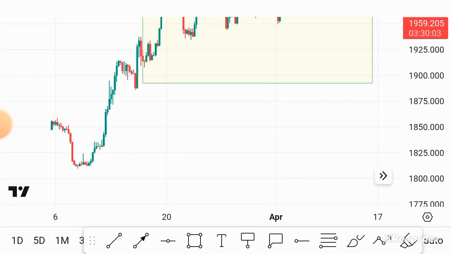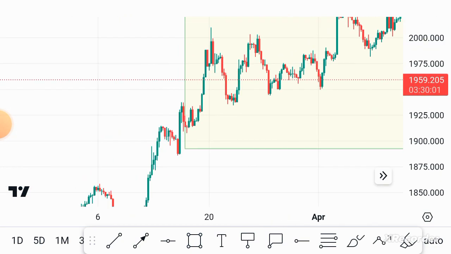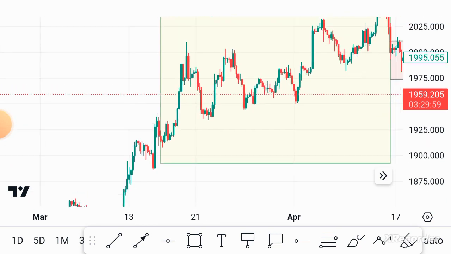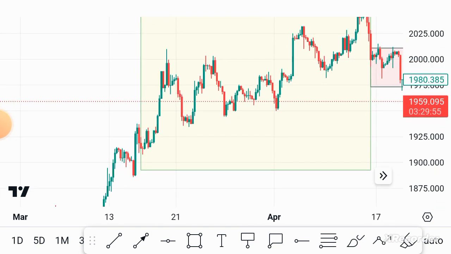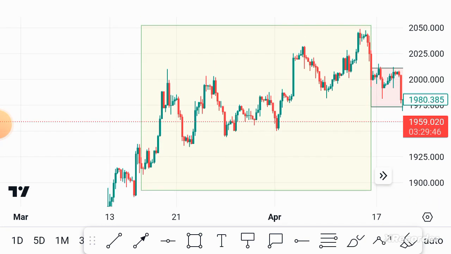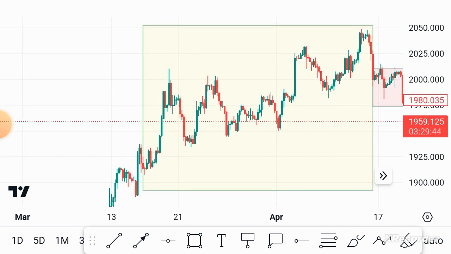Now what do we have here? I think we could see a good number of it, but let's just take it right from this very point. An uptrend price movement simply means price forming a higher high, higher low, higher high, higher low. So how price moves in an uptrend market, it forms a higher high, higher low.